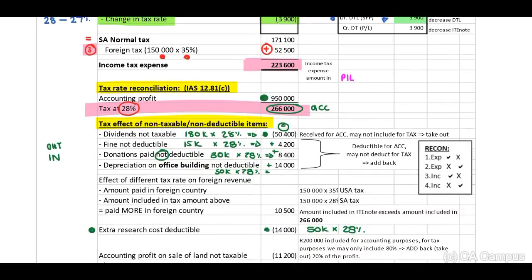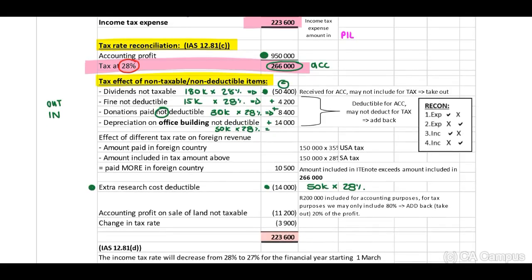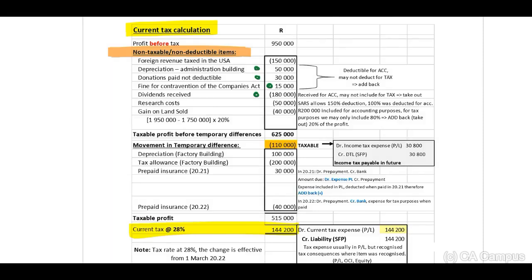Okay, so now let's take this one step further. If you look at our current tax, we have already transferred the depreciation of the admin building, the donations, the fine, the dividends, the research costs. What about our foreign revenue? This 150,000. Right?